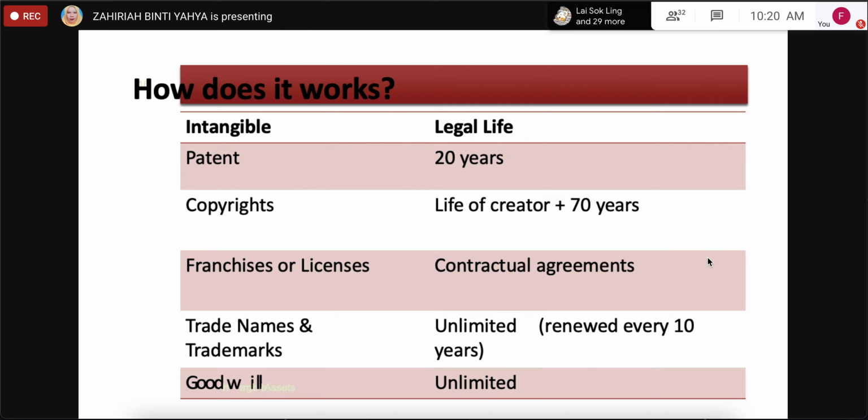After 70 years barulah tak boleh dapat apa-apa royalty. Sebab itulah lagu-lagu P. Ramlee, dah meninggal 30-40 tahun dahulu kan, tapi dia punya sanak saudara masih dapat royalty from his song.